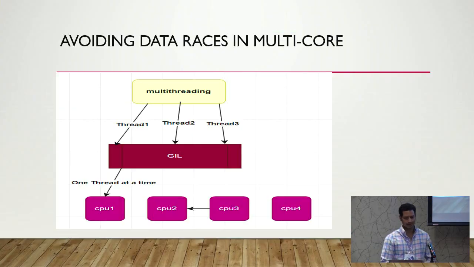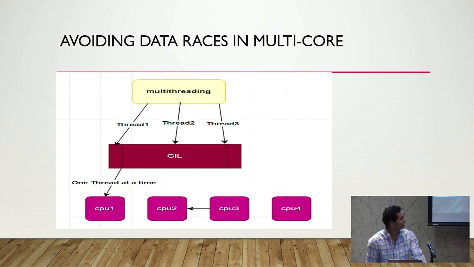I tried to picturize how this looks. Even when we say multi-threading is in place, multiple threads are spawned and we think we have a multi-threaded program, but in reality the GIL comes into the picture. We'll discuss whether it is a hero or a villain.